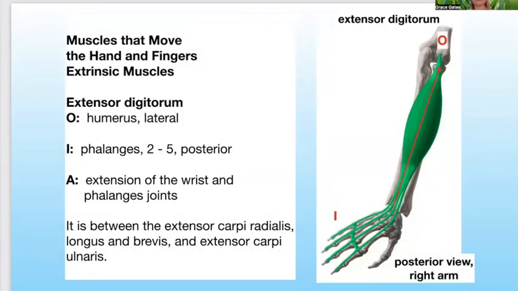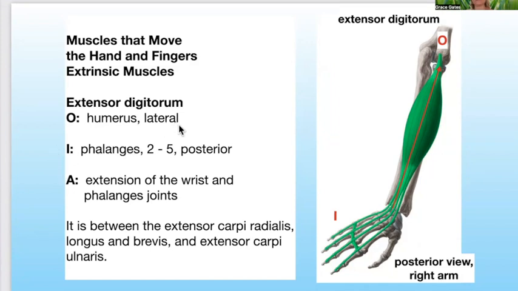Our last muscle that you're responsible for, the extensor digitorum. This is an extensor. So remember, in the arms, we extend the glenohumeral joint, the elbow joint, the wrist joint, all posteriorly. And these muscles are found on the posterior of the bones, and this is no exception. So the extensor digitorum is found on the posterior of the right forearm.